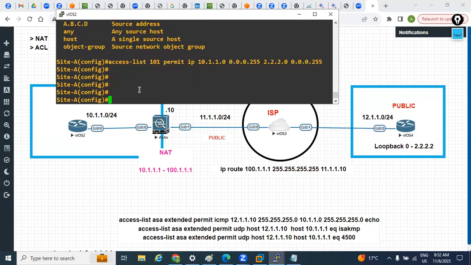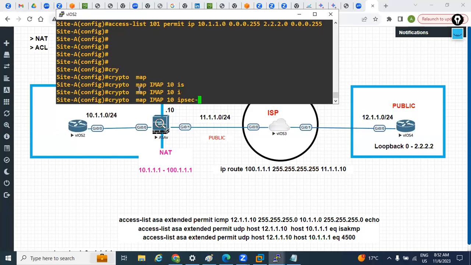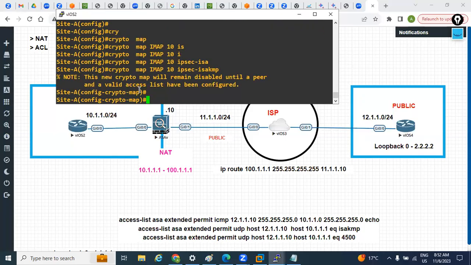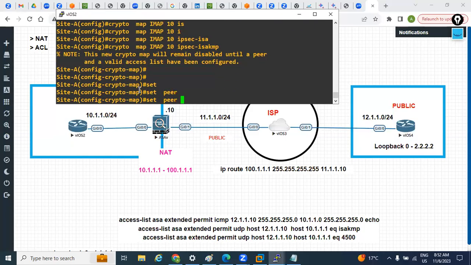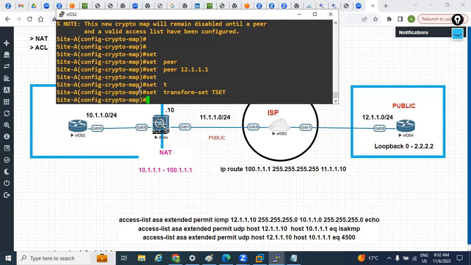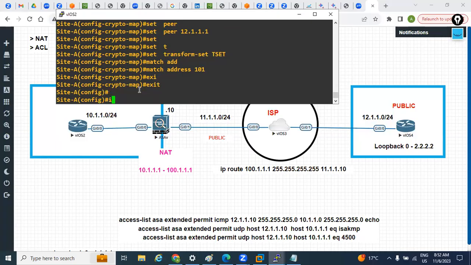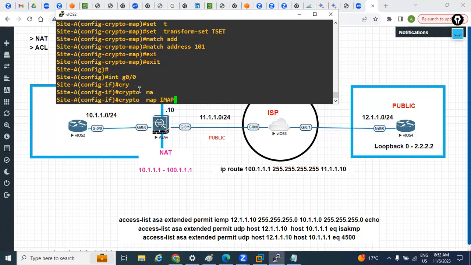After that, crypto map IMAP 10 ipsec-isakmp. Set peer 12.1.1.1, that is my peer. Set transform-set tset, then match address 101. Okay. Interface 0/0 and the crypto map name is IMAP.